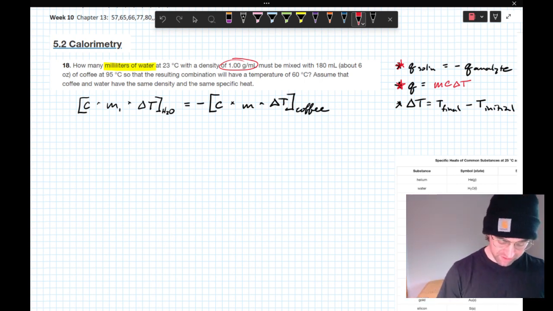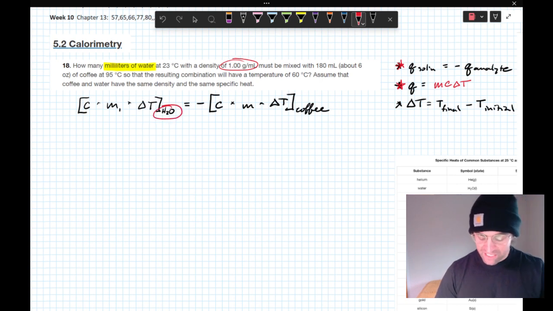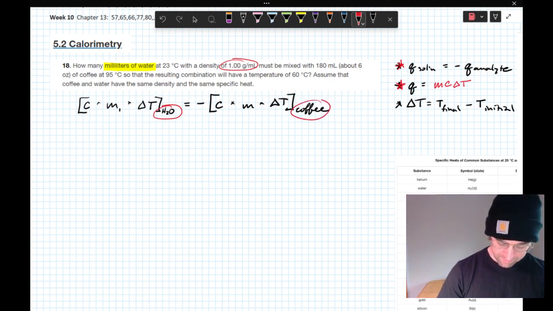So we can set that up as an equation. C1 times M1 times delta T1, we'll call that water. This is our solution in this case, equals negative C2 times M2 times delta T2, that's our coffee, right?